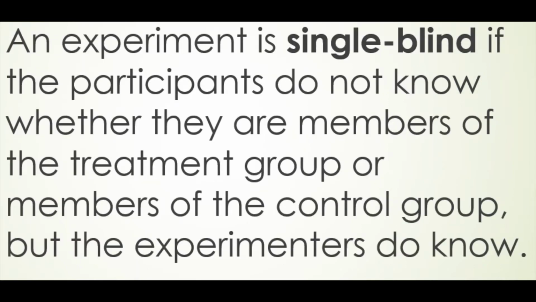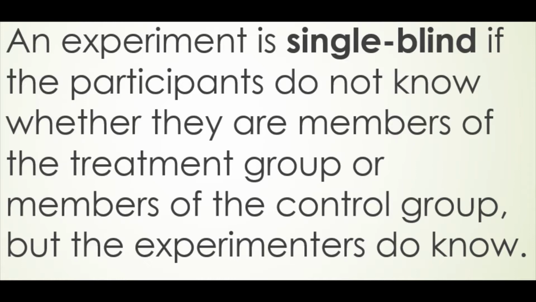An experiment is often blinded. We will blind an experiment in order to make sure that the participants or the researchers or both do not know whether they're in the treatment group or in the control group.